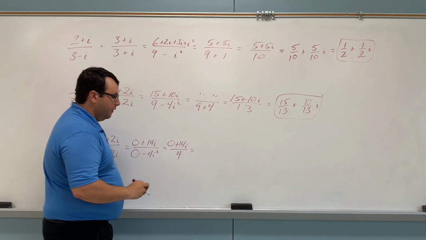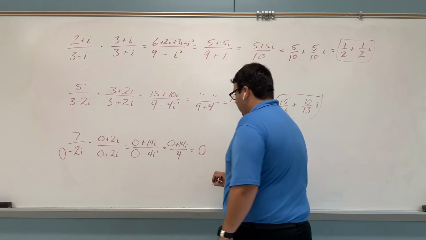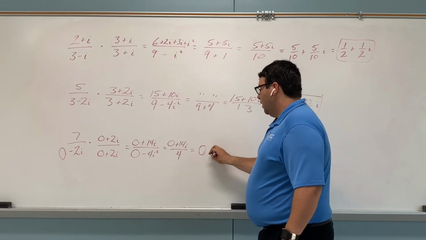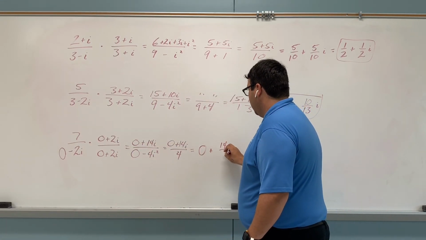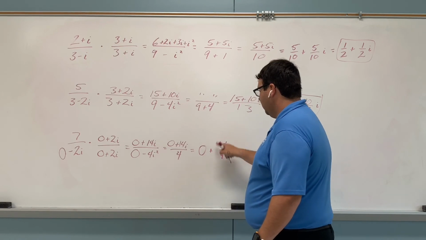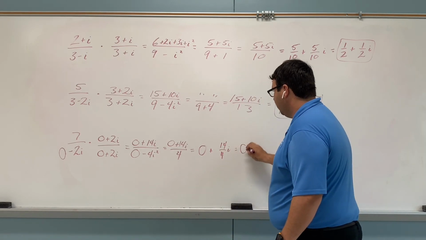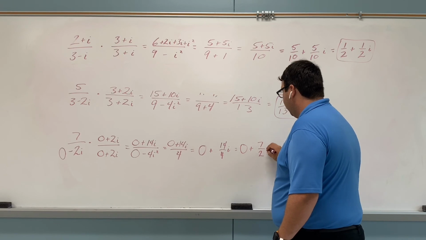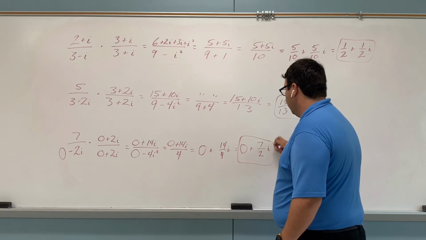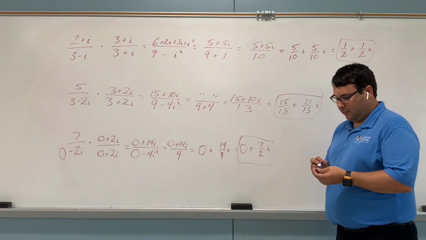Split this up so that it's in proper format. You have 0 over 4, which is 0, plus 14 fourths i. This could technically simplify further, so you have 0 plus 7 halves i. Just like that.